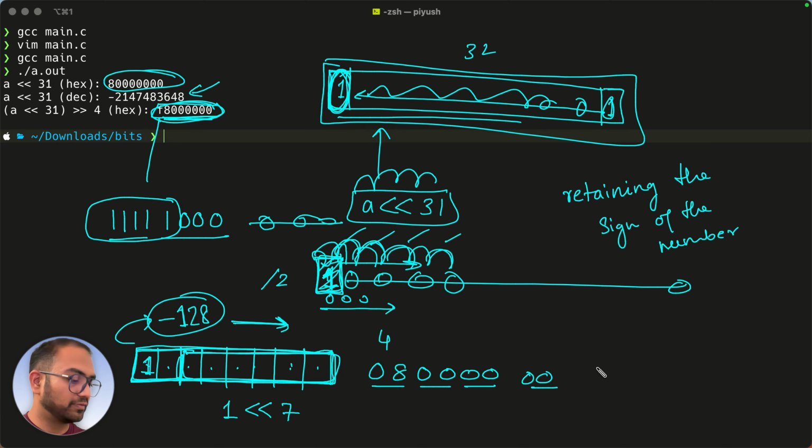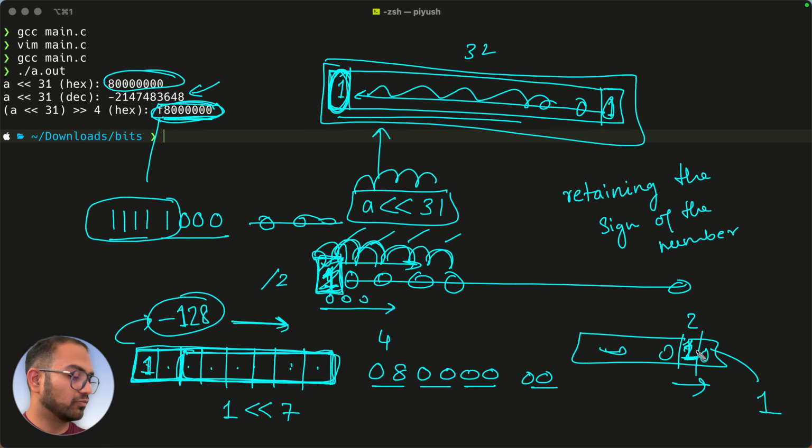So for example, if I had a number which was 2, something like this, if I moved it to the right by 1, this becomes a 1 because this 1 shifts here. So this is 1, this is 0, and this value essentially is 1. Similarly, if it was 1, 0, 0, I move it right by 1, then it becomes 1, 0.